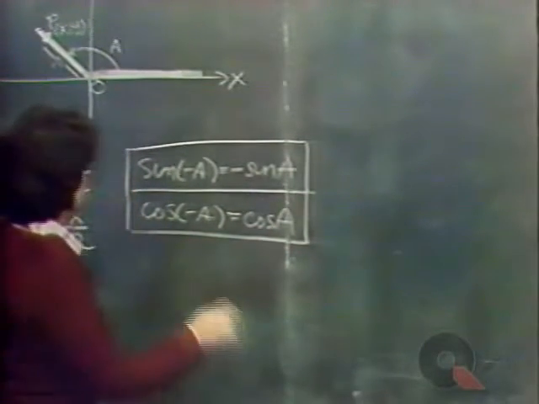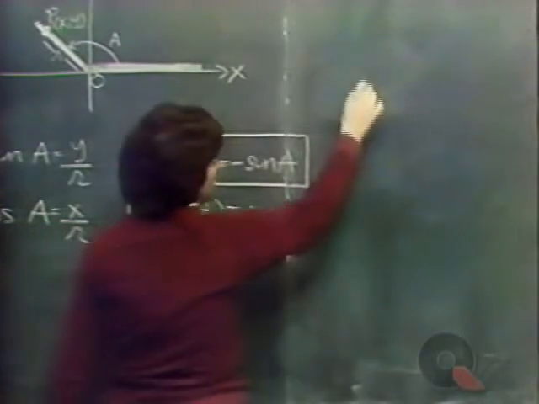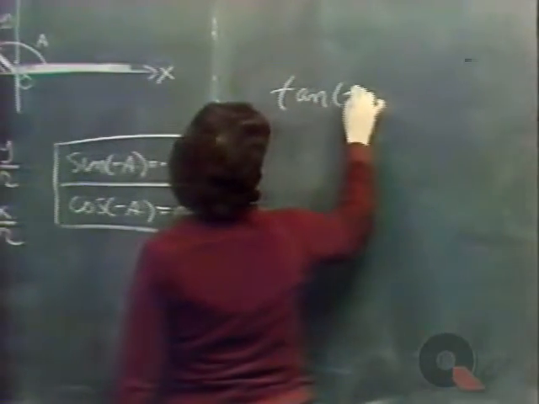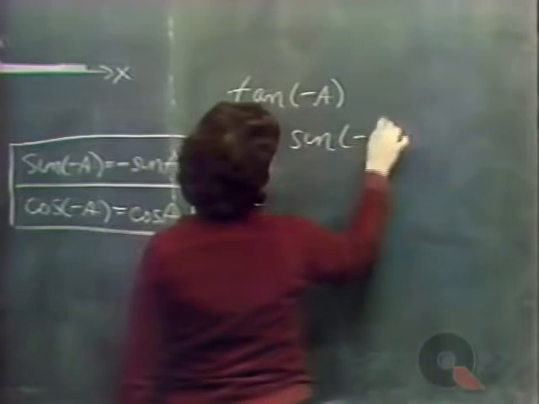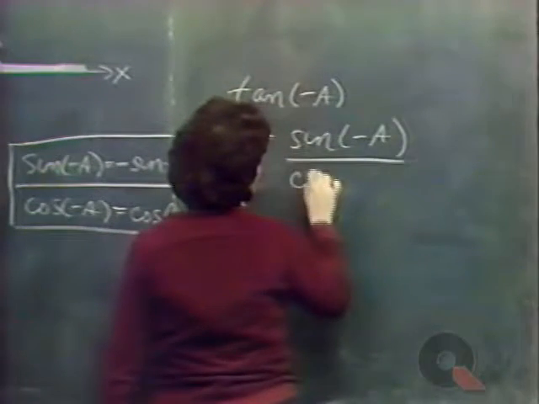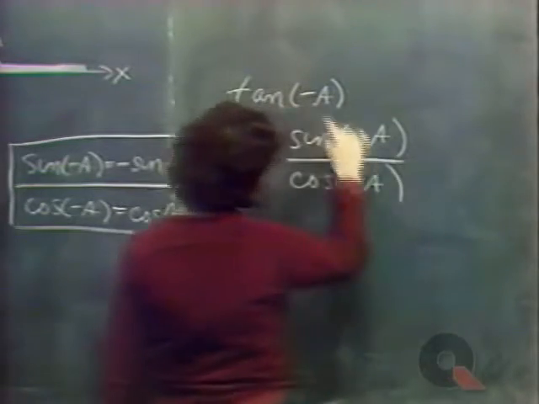So if you know sine and cosine, you pretty much know everything you need for all the trig functions. If, for example, you needed to figure out the tangent of minus A, you remember that tangent is sine over cosine, always of the same angle, of course.